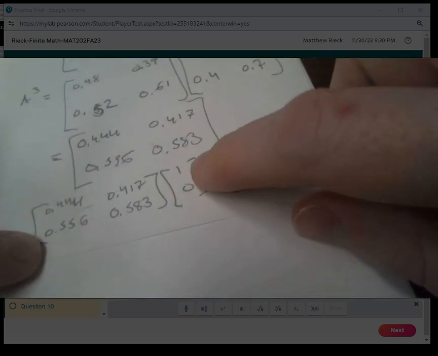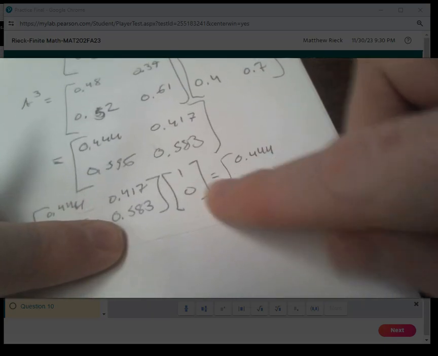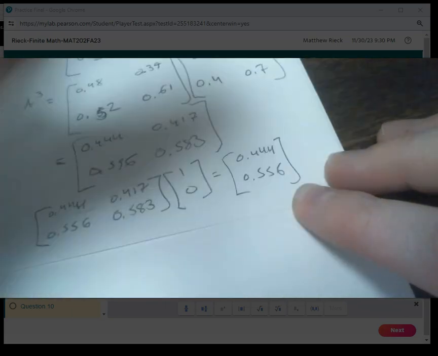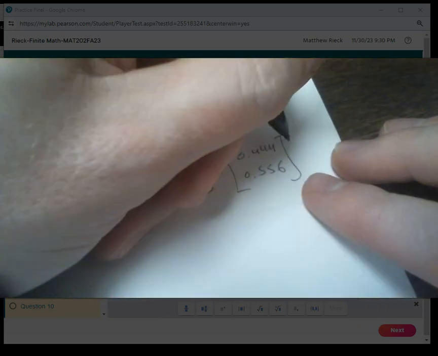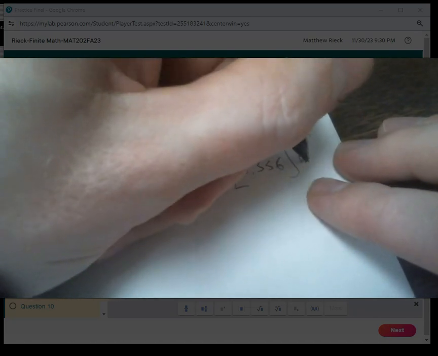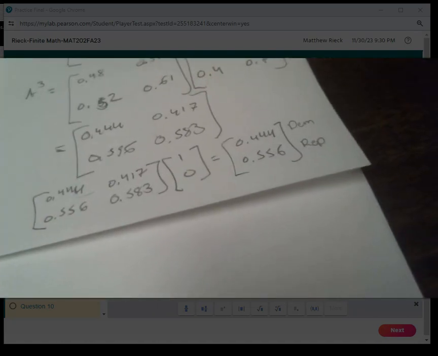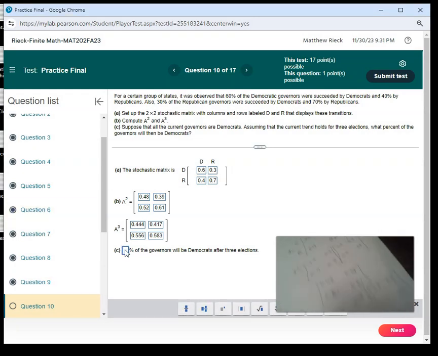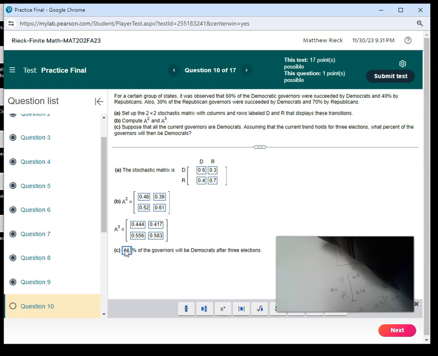And then we have 0.556 times 1 plus 0.583 times 0, so you have 0.556. Again, this represents Democrats and Republicans. So we have 0.444, which is 44.4%.